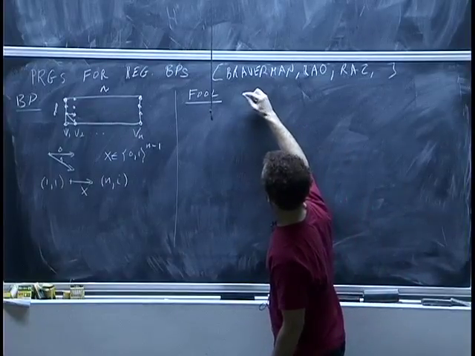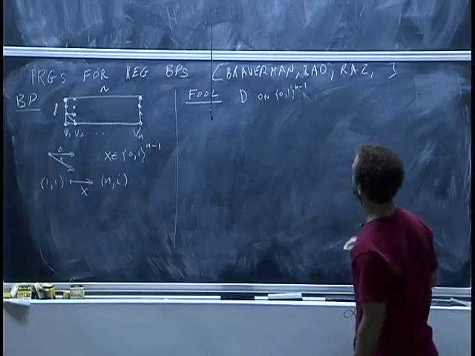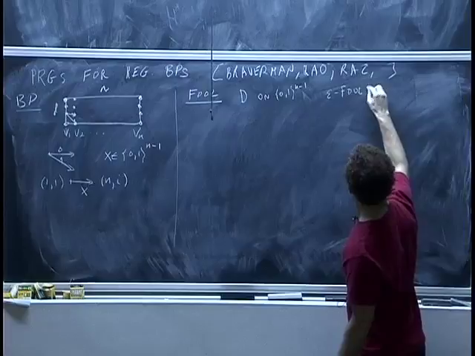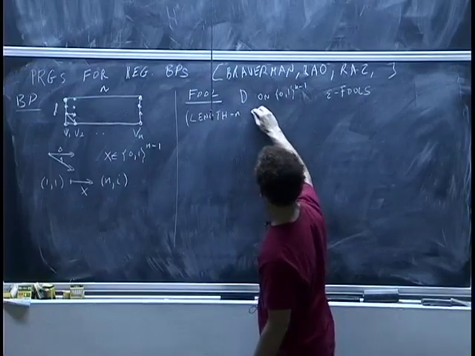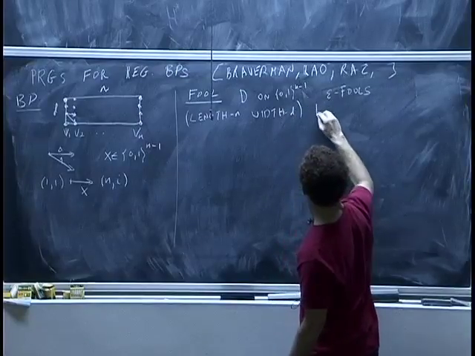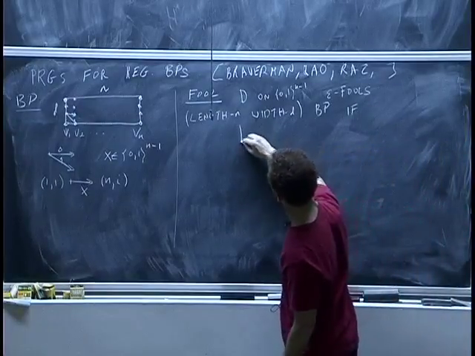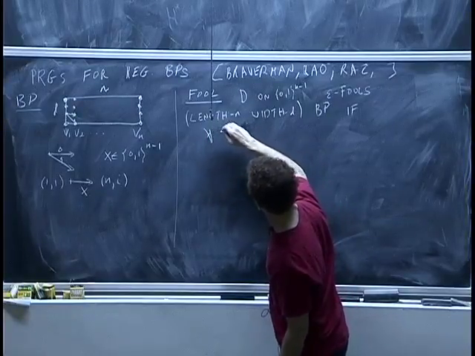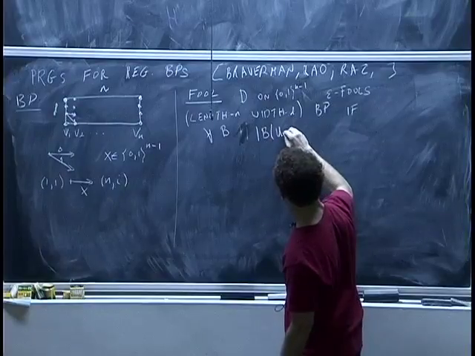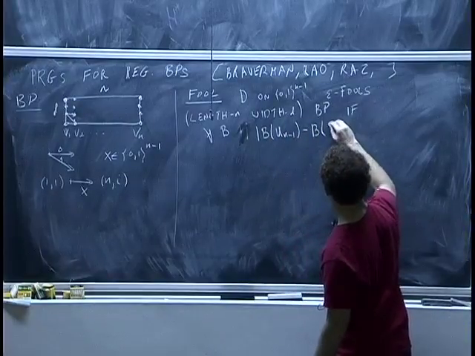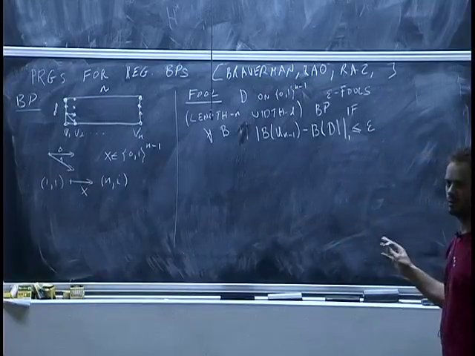So we want to construct, in general, a distribution D on {0,1}^(n-1) that epsilon-fools length n, width d branching programs if, for every branching program B of length n and width d, such a graph, so I'll explain what is written here.